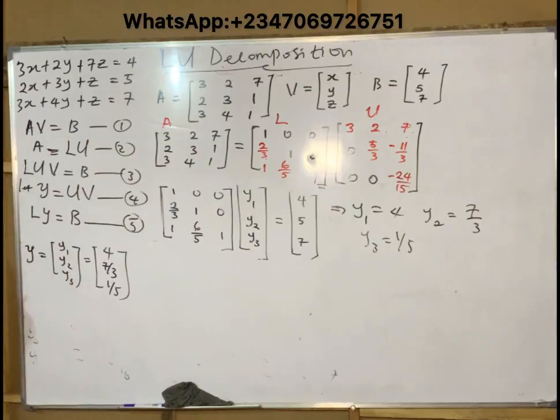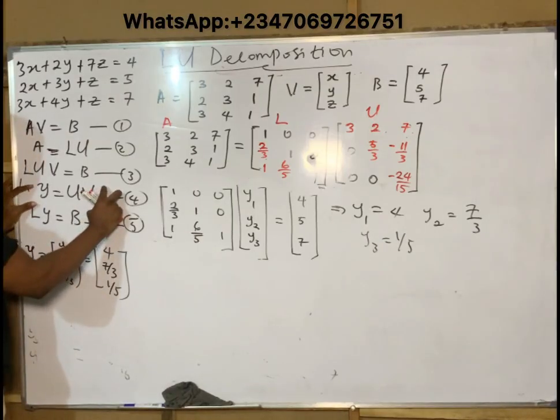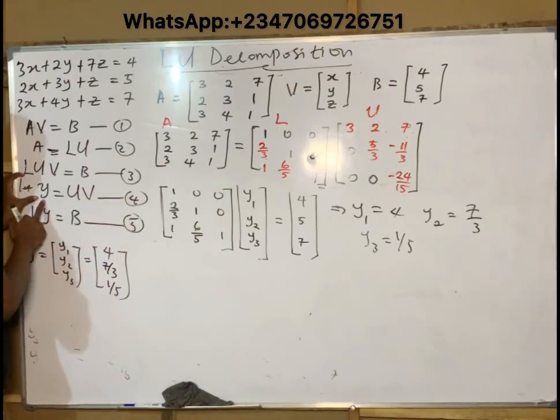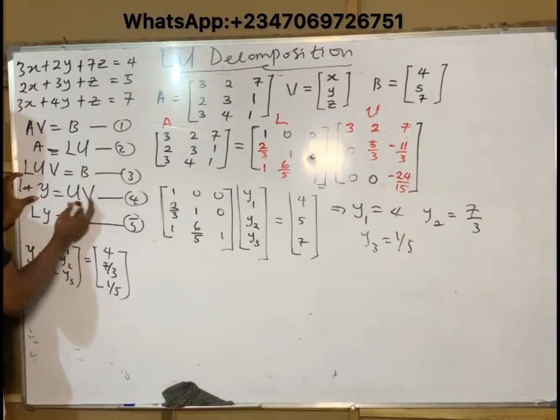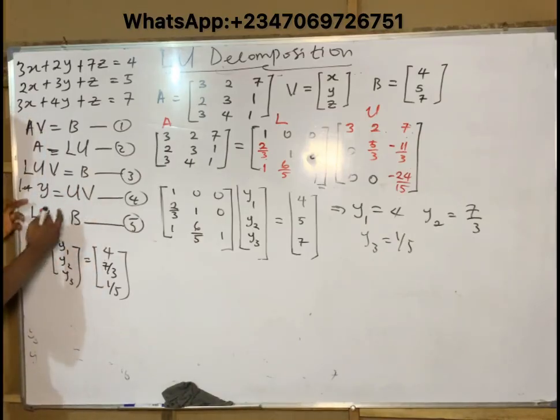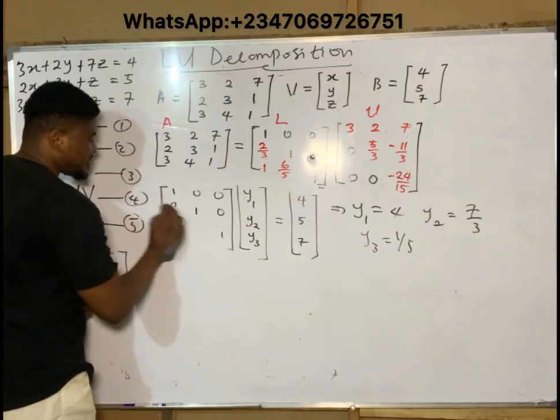Now we know the matrix Y. So since we know the value of Y, we can now fall back to equation 4. We know the matrix Y, we know our upper matrix. What we are now left with is the variable matrix which we are looking for. So this now helps us to find our variable matrix.